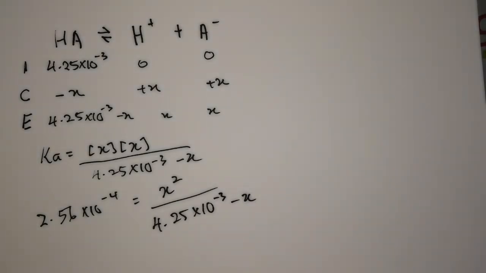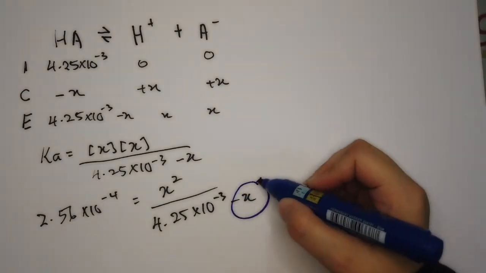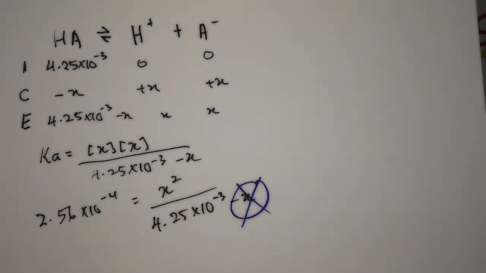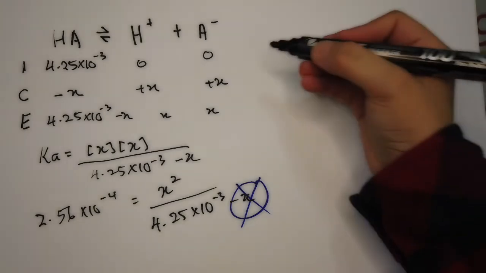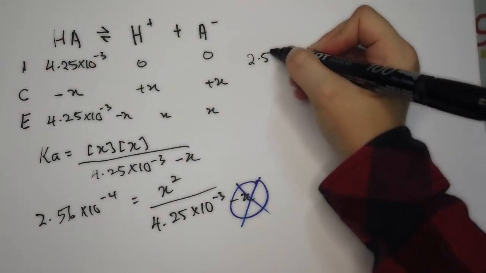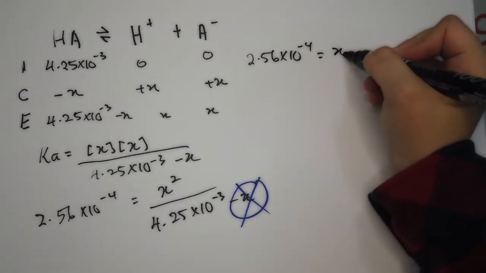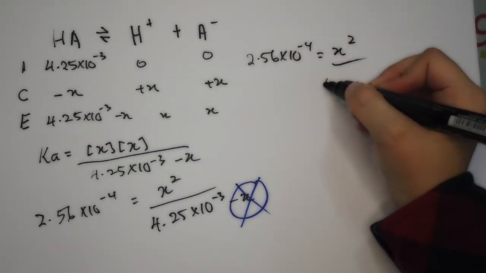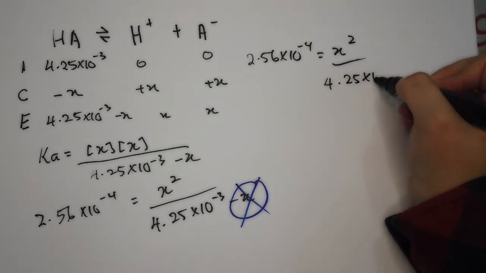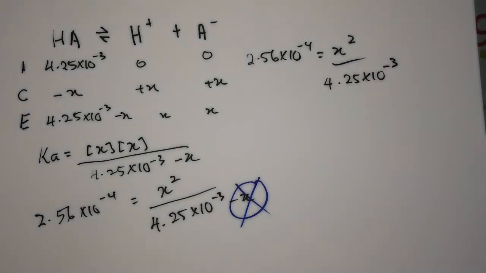What we are going to do now is the approximation method. So we are going to omit this X. Once you omit this X, you will get 2.56 times 10 to the power of negative 4 equivalent to X squared divided by 4.25 times 10 to the power of negative 3.